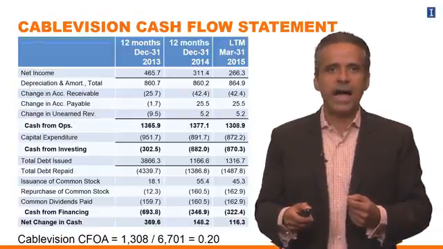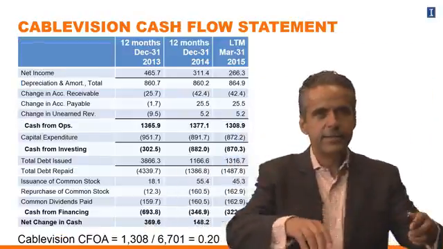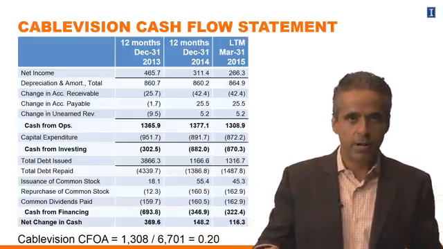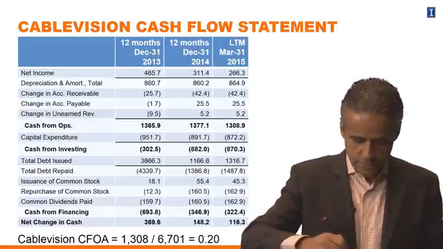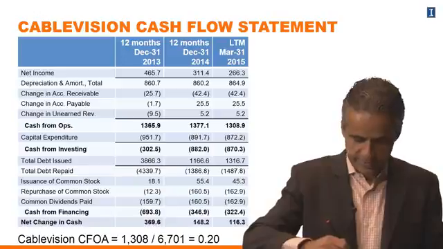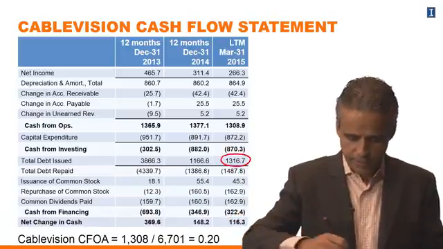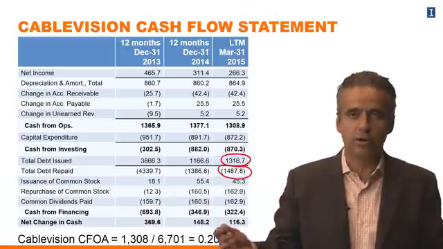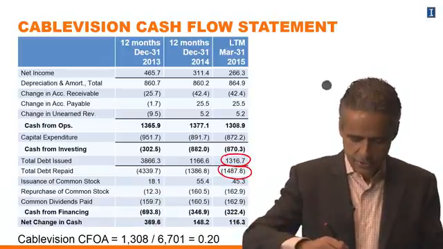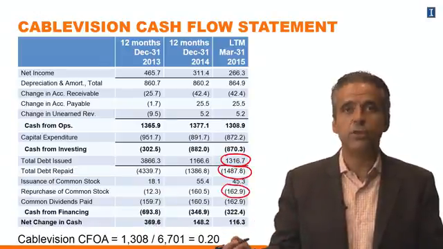So if you go back here and look at the cash flow statement for Cablevision, you'll see that Cablevision, for example, is issuing new debt, 1.3, but is also repaying a lot of debt. In addition, they are repurchasing stock.